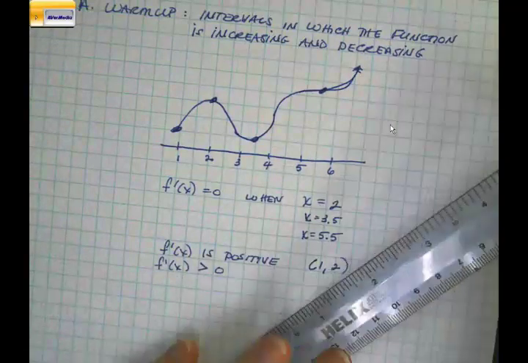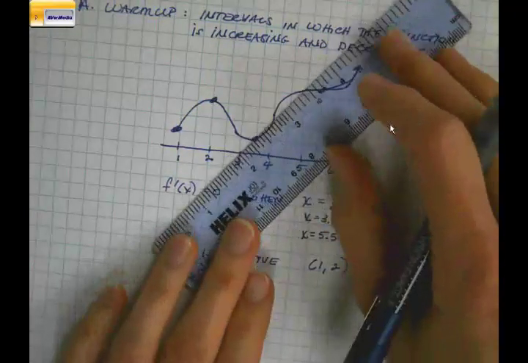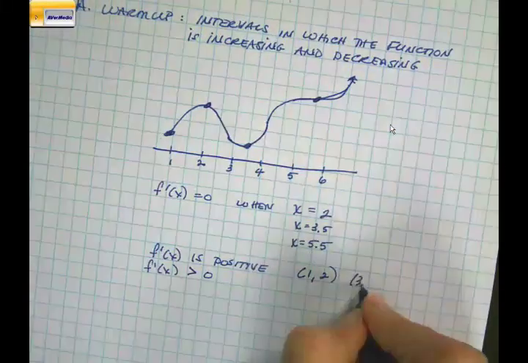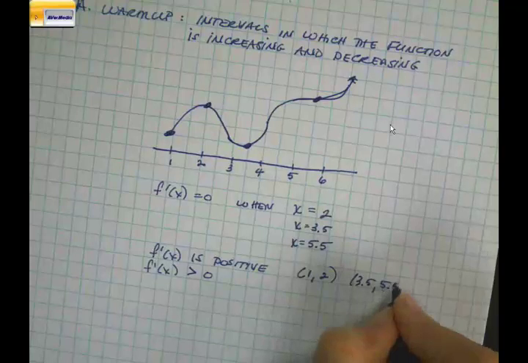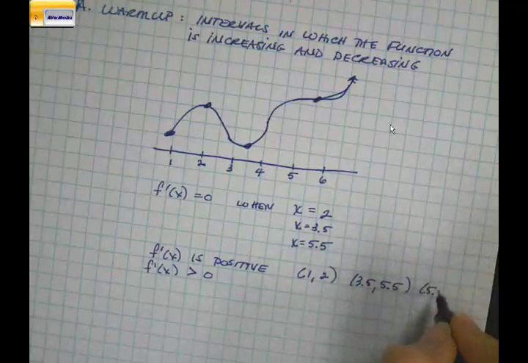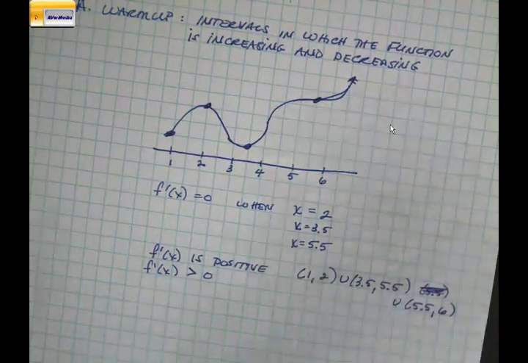Where else? 3.5 all the way up to 5.5. Because at 5.5 it is 0 again. And then 5.5 to 6, right? These are intervals.